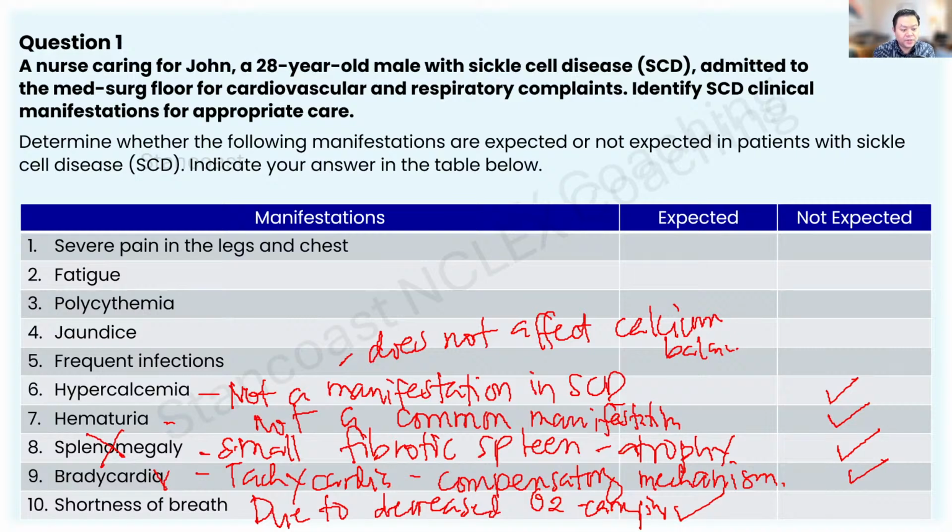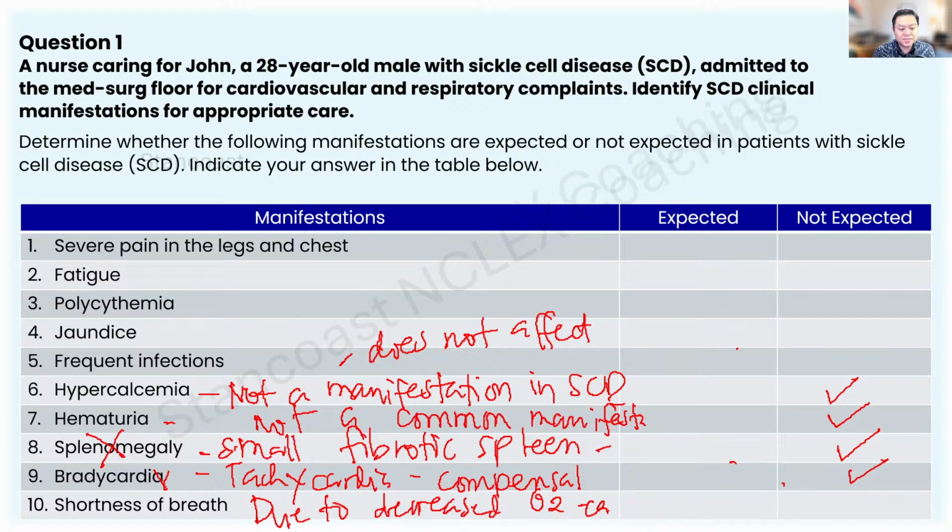So let's review our answers here, guys. So we will summarize our answers to make sure that you're understanding the different manifestations. Again, severe pain in the legs and chest. Yes, it is expected. What about fatigue?